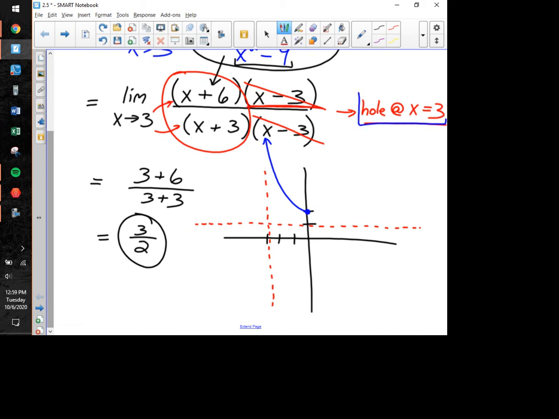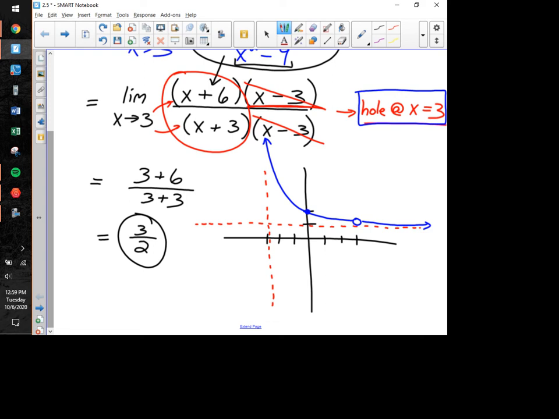But before I draw the rest of it, I want to remember that this graph has a hole, a point discontinuity, at x = 3. So as I go to graph it, I should probably stop there, make the open dot, and then keep graphing the rest of it looking like that.